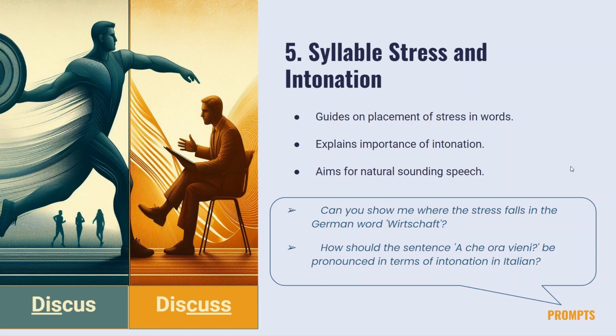So, for example, the difference between discuss and discuss in English, of course. And so the prompts could be, can you show me where the stress falls in the German word Wissenschaft? I'm not sure how to pronounce it, I'm sorry. And how should the sentence a che ora vieni be pronounced in terms of intonation in Italian?